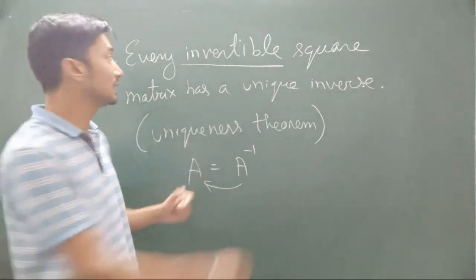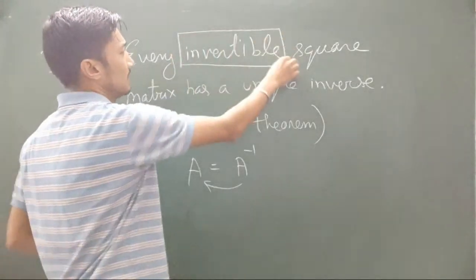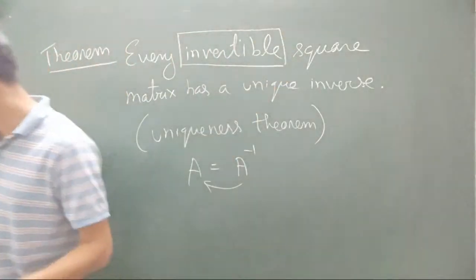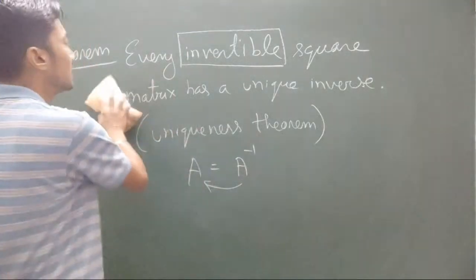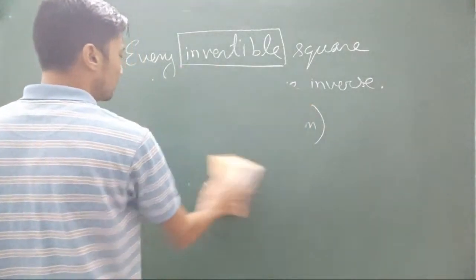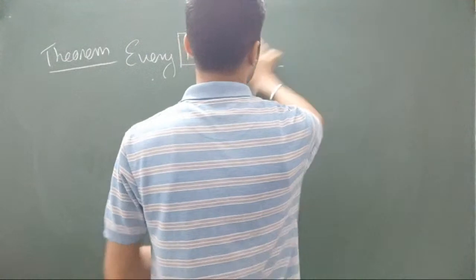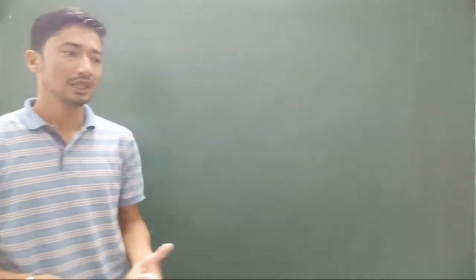But the condition is every invertible matrix. And as I had told you earlier, every matrix is not invertible. Now, how do we really get to know whether a matrix is invertible or not? For the time being, we will just jump past that topic because the next topic that we are going to be discussing very soon is determinants.